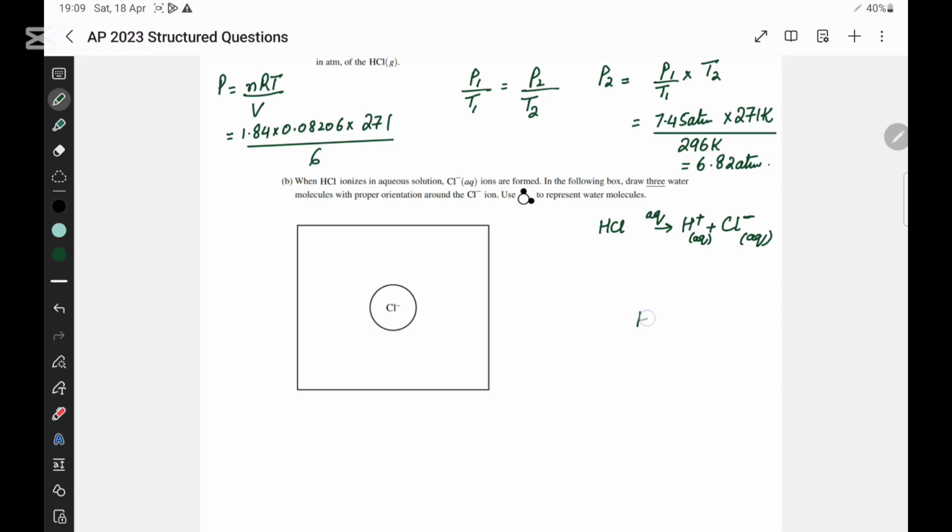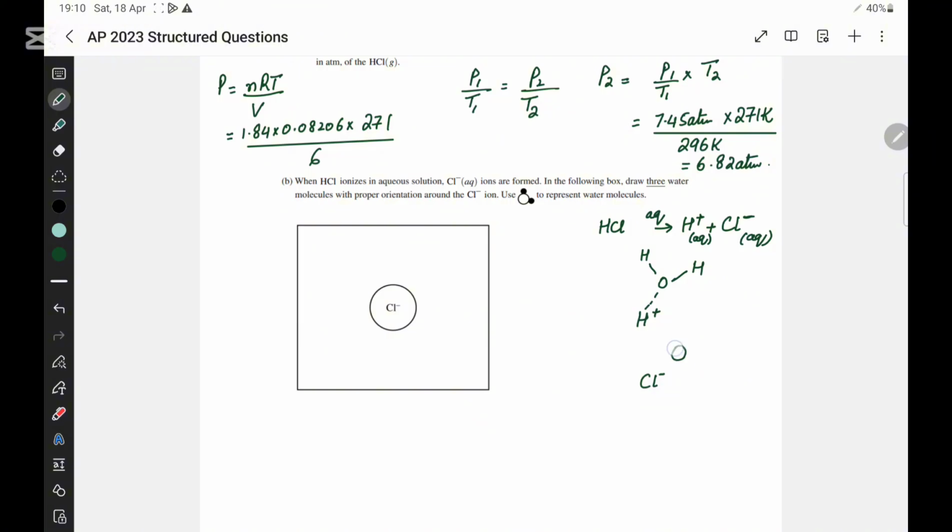And what happens, hydrogen ions being positively charged are going to be surrounded with oxygen of water molecules, like this. But now they have given us chloride ions which have a negative charge, so that has the force of attraction like this one. And chloride ions are going to be surrounded with hydrogen ions.